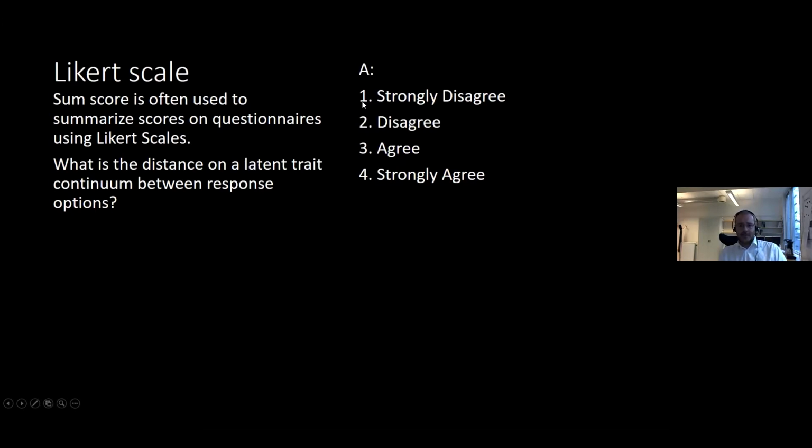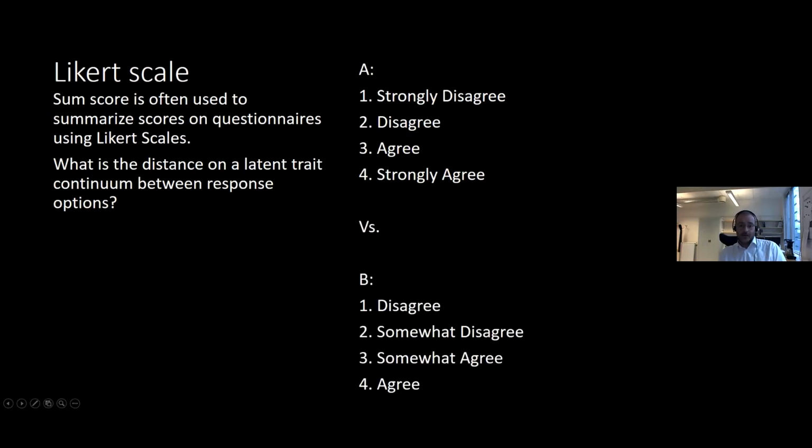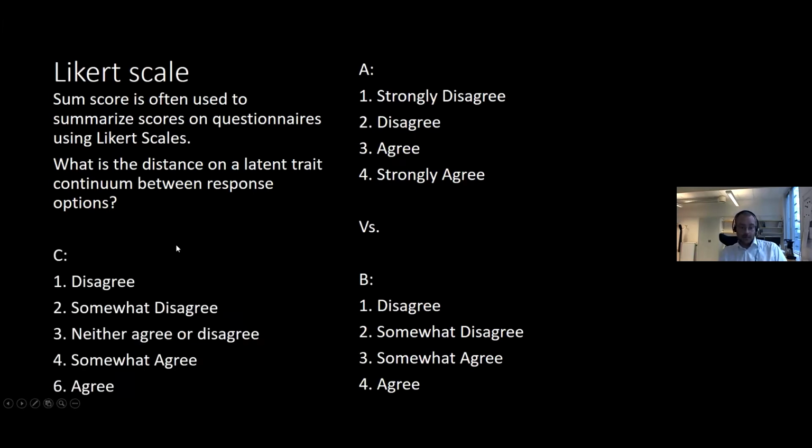It could be that the distance between strongly disagree and disagree, and the distance between disagree and agree, is quite different. You could, for example, ask the question like this, with 1 being disagree, 2 being somewhat disagree, 3 being somewhat agree, and 4 being agree. And here you see the numerical value between disagree and agree suddenly jumps to 3 instead of 1, which you have in A. And you can also have a neutral response.